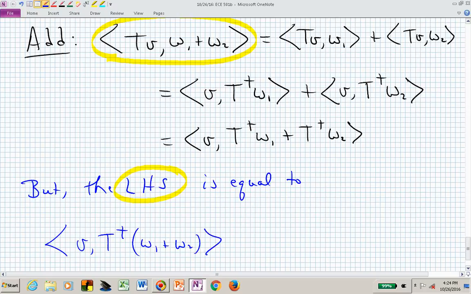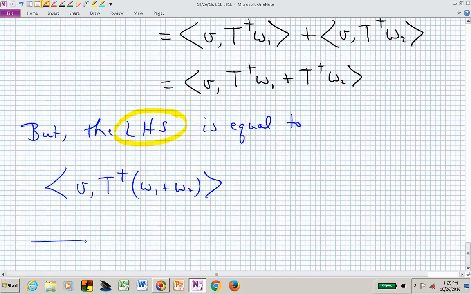Is that okay? But now, what does that imply?